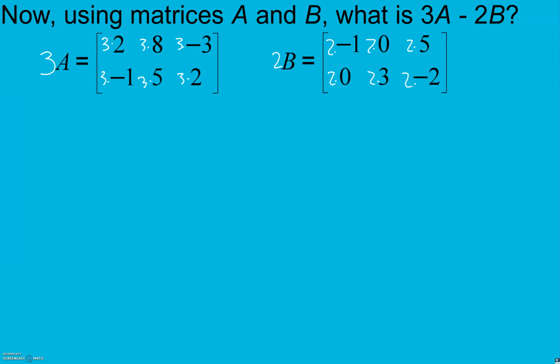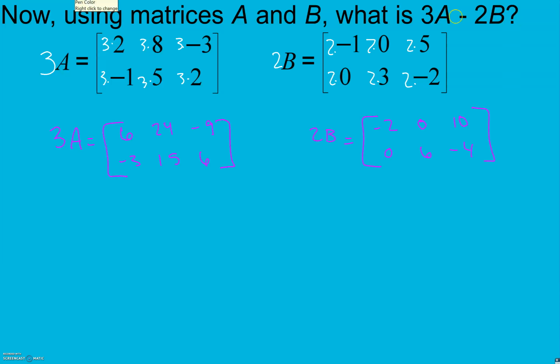I'm just going to rewrite these. 3A is going to be 6, 24, negative 9, negative 3, 15, 6. And 2B is going to be negative 2, 0, 10, 0, 6, negative 4.